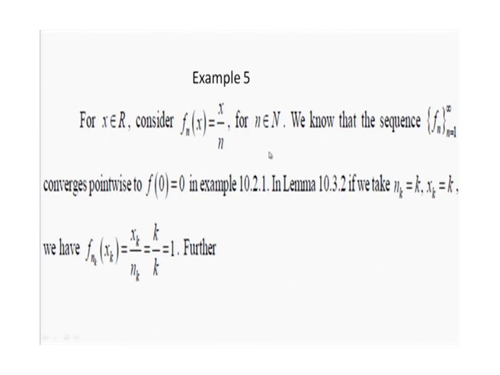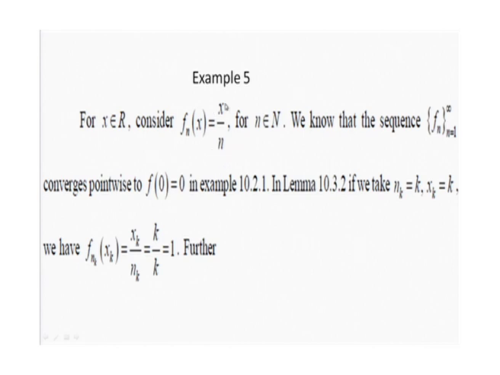So, to check if a sequence fn is not converging uniformly to f, we must be able to produce x_k and n_k. Let us see with some examples. Take fn(x) equal to x by n. If we take x_k equal to k and n_k equal to k, then f_{n_k} of x_k becomes x_k by n_k, which is k by k, so this is 1.